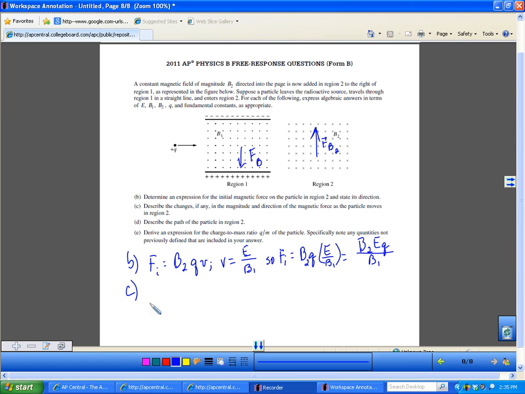All right, then part C says, describe the changes, if any, in the magnitude and direction of the magnetic force as the particle moves in region 2. So force caused by field 2 is going to be opposite in direction compared to what it was in field 1. And then I said there's no E field.